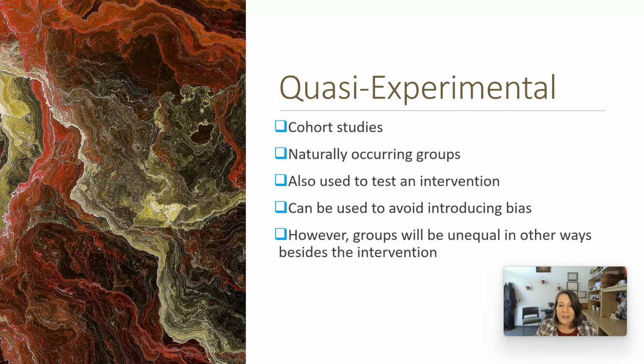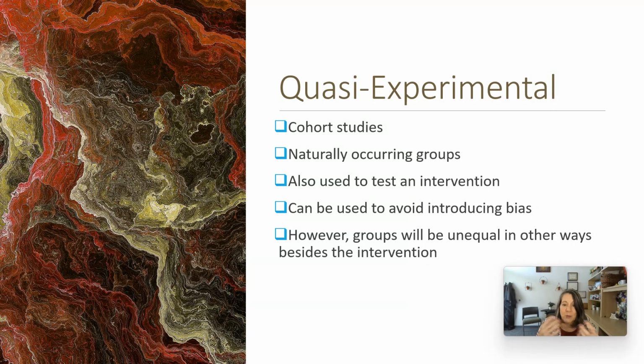Let's move on to quasi-experimental. So quasi-experimental are groups that are not randomly assigned. Some of the ways that that might occur is that we might have cohort studies. So folks who are all in a class together and moving through a program together are in a cohort.